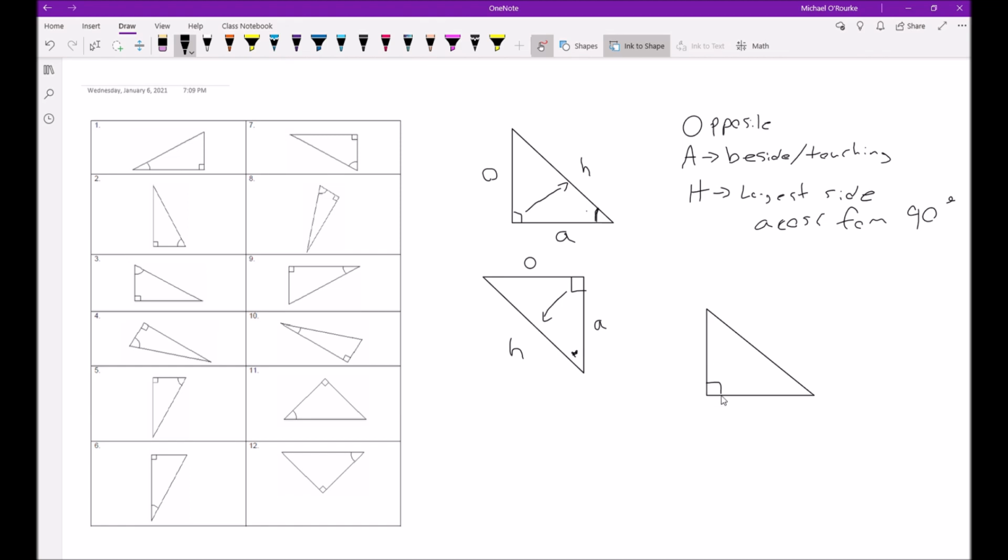Let's do this one here. Looking from this angle, my hypotenuse is across. My adjacent is beside. My opposite is over here. Let's do one more.